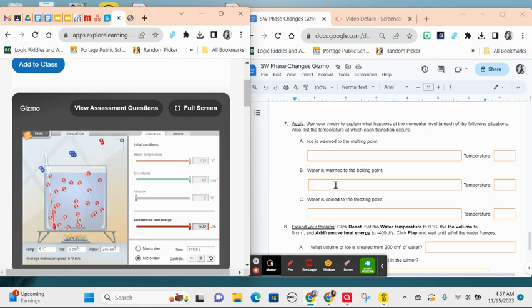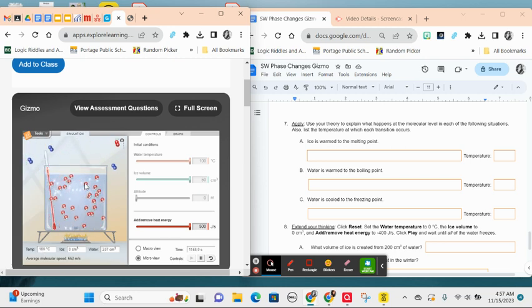Okay, letter B, water is warmed to the boiling point. We see temperature increasing. It's not boiling yet. We don't see that yet, but temperature is increasing. Okay, we're getting up there. Boiling is at 100 degrees. We see boiling.